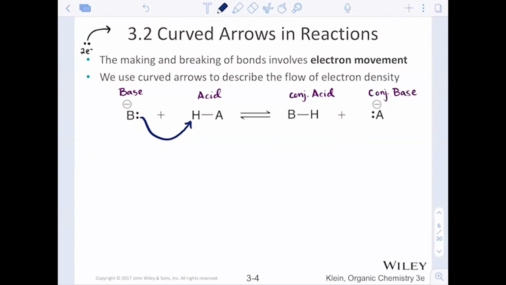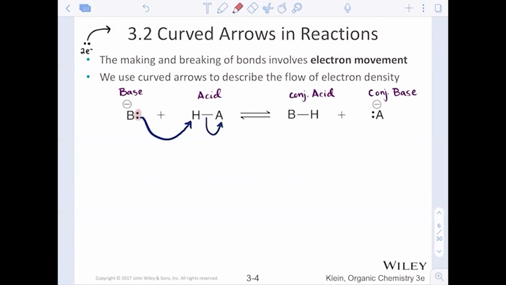Now, hydrogen cannot have 2 bonds. So as to not break our duet rule, the electrons held between H and A, that covalent bond, must break and form a lone pair on A. Let's get some colors on here.